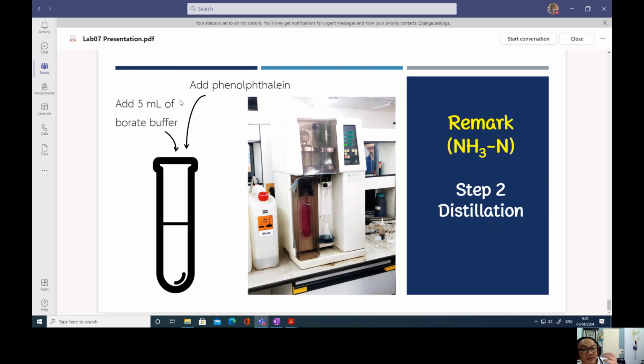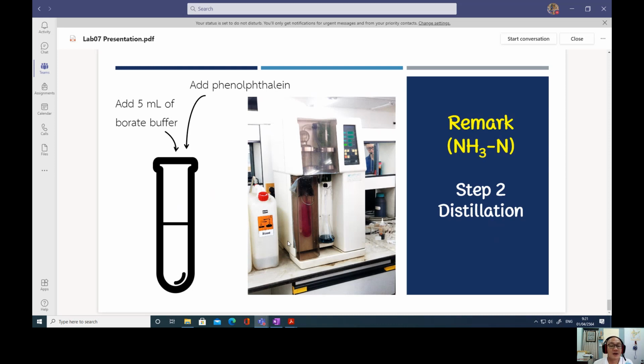If we drop the phenolphthalein into the water samples for the ammonia determination, you will find the color turns pink. If the pH is greater than 8.3, the phenolphthalein will turn pink. But if the pH is smaller than 8.3, the phenolphthalein will be colorless.